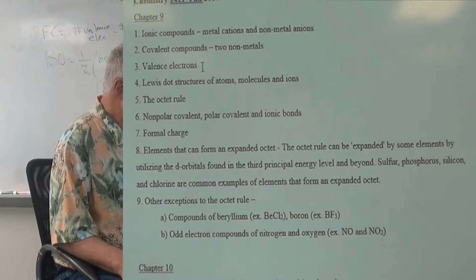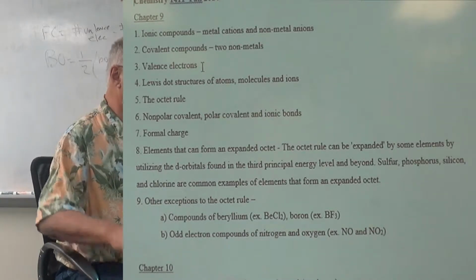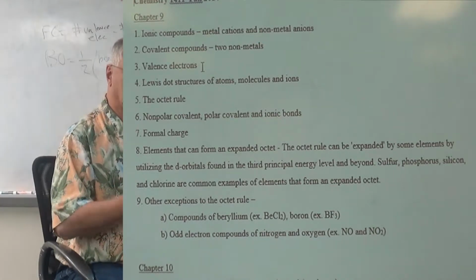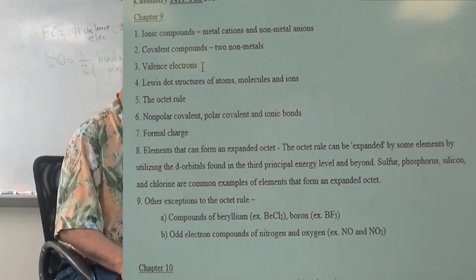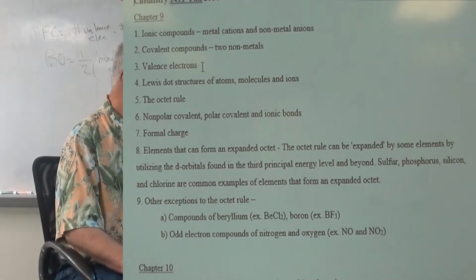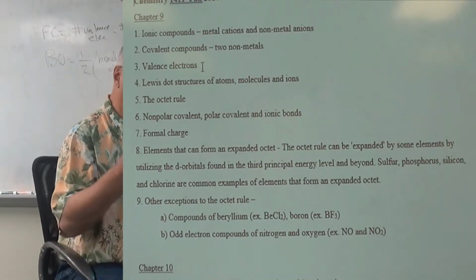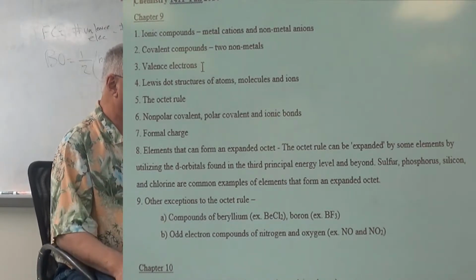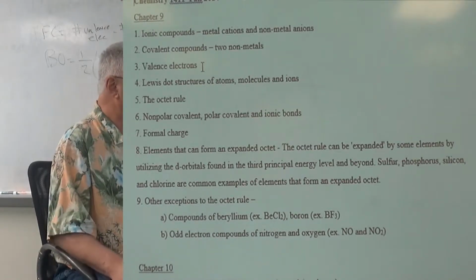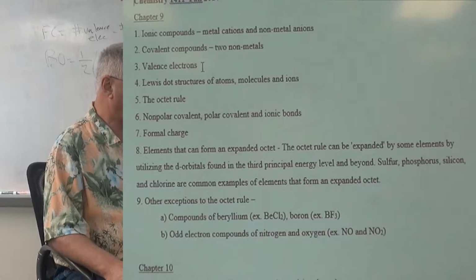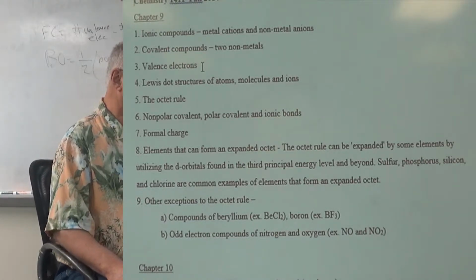Now, the non-polar covalent, polar covalent, and ionic bonds, there'll be a periodic table in the test that has the electronegativity values of the elements, and then also there'll be a sheet that has the guidelines as to the range of what's considered non-polar covalent, polar covalent, and ionic bonds.